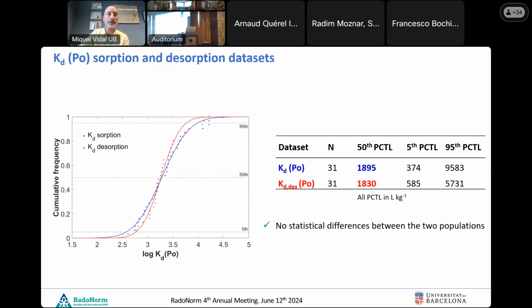For polonium, for instance, where there was a lack of information, we did not observe a significant effect of the approach or of the kind of KD being quantified, as sorption KD and desorption KD populations were not statistically different.